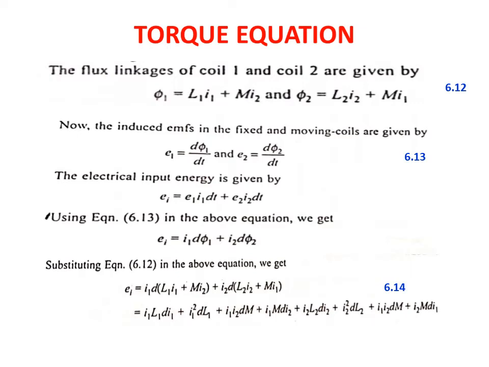Now substitute the first equation, 6.12, in the above equation, and you will get EI equal to I1 L1 dI1 plus I1 squared dL1 plus I1 I2 dM plus I1 M dI2 plus I2 L2 dI2 plus I2 squared dL2 plus I1 I2 dM plus I2 M dI1. It is a very simple derivation only. So if you substitute 6.12 in the above equation, you get this EI.